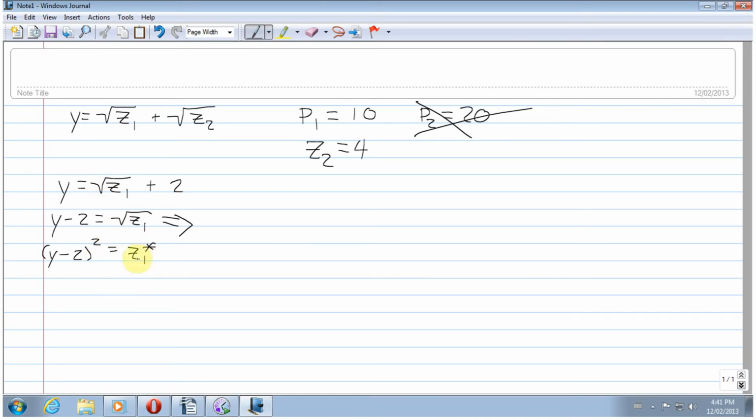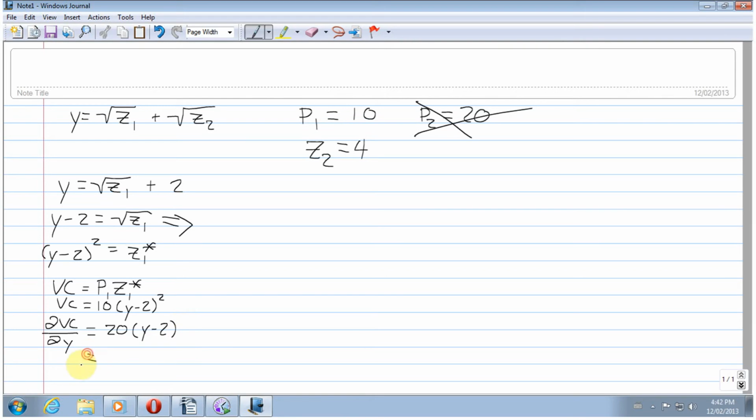So this is our conditional input demand, which means that our variable cost is the price of our variable input times the quantity, which makes it 10 times y minus 2 squared. And if we want marginal cost, that's dVC/dy, which is chain rule: 20 times y minus 2 times the derivative of what's inside, which is just 1.